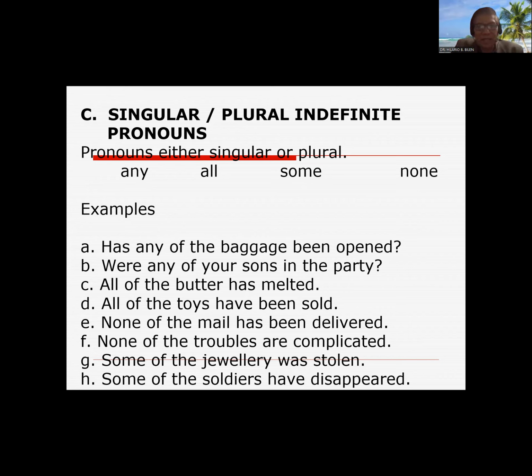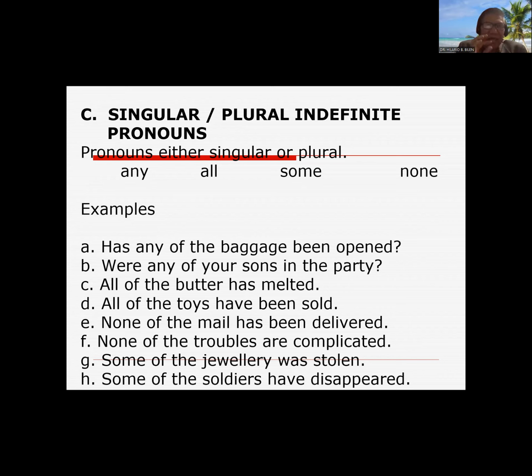So meaning either singular or plural. Pwede mong gamitin singular or plural. We have the words any, all, some, and none. Any, all, some, none. We have the examples here.